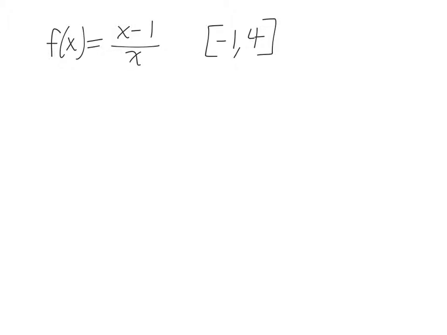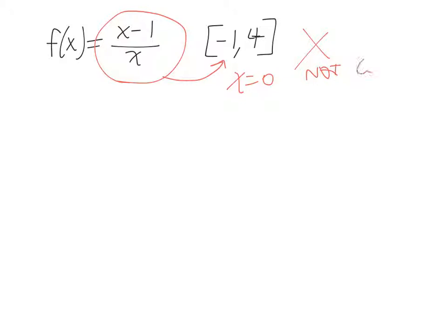Here's where I can't use the mean value theorem. And here's why. This function is not continuous for all values in this interval. If I'm dividing by x, x cannot equal 0 here. 0 is in this interval, so that makes this not continuous. This is not continuous at x equals 0. This would be our reason as to why I couldn't use the mean value theorem for this particular example.